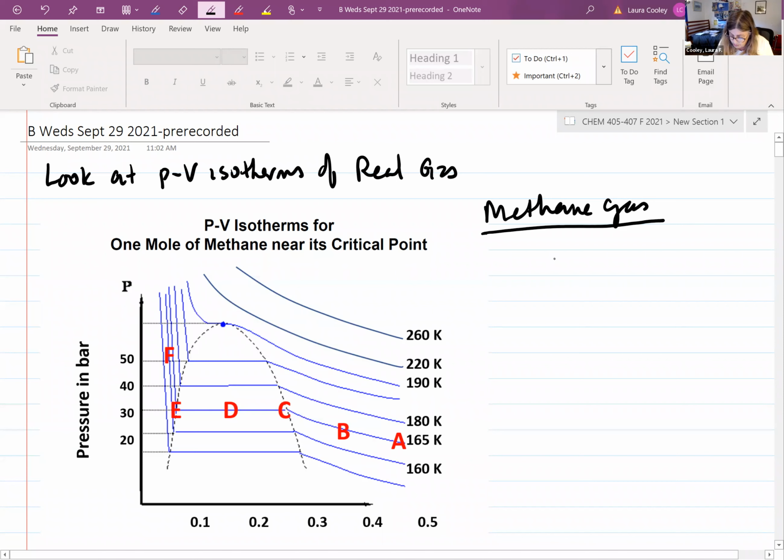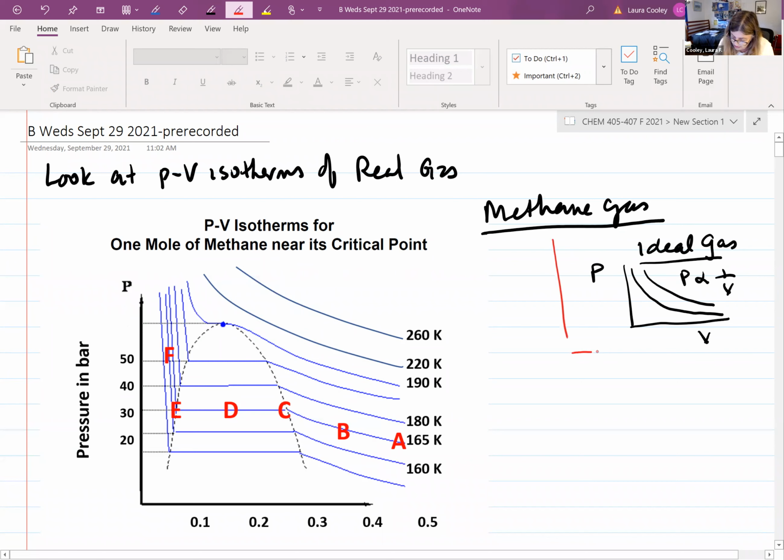If this was an ideal gas, so what would it look like if it wasn't for an ideal gas? So for an ideal gas, if you remember, they just look like this. It's just completely P is proportional to 1 over V. And we're not seeing that in this diagram of the PV isotherms for methane.